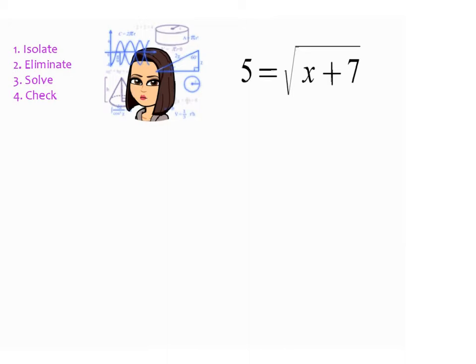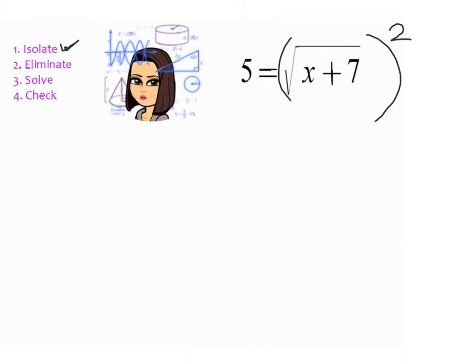So the first step is to isolate the radical, meaning you're going to ask yourself, is the radical by itself? Is there another number multiplied in front of it or added behind it? And in this case, there's nothing touching the radical, so we don't have to worry about that. So check mark for that one. The next step is to eliminate the radical. This is a square root, so to get rid of it, I'm going to square it.